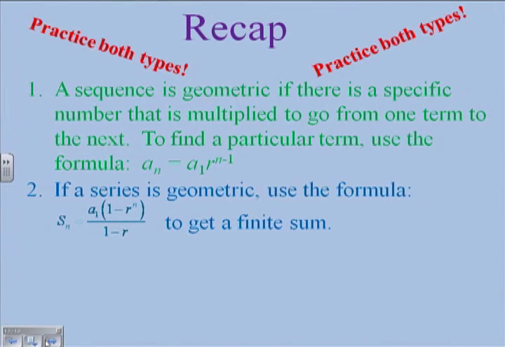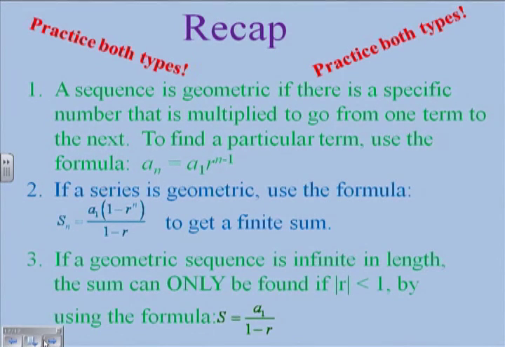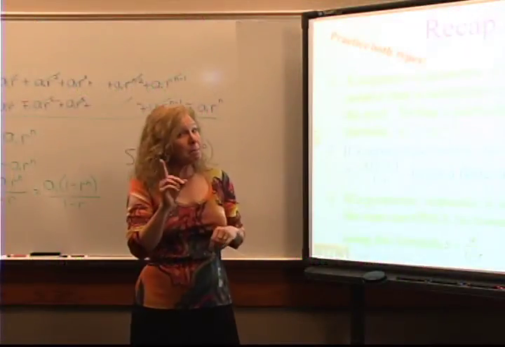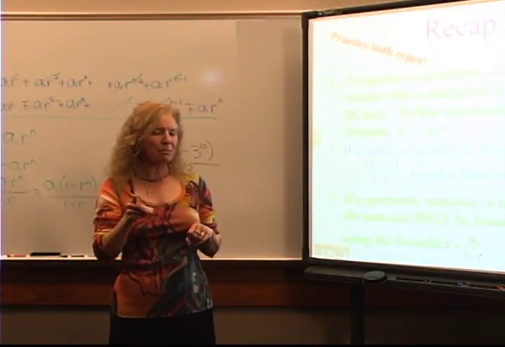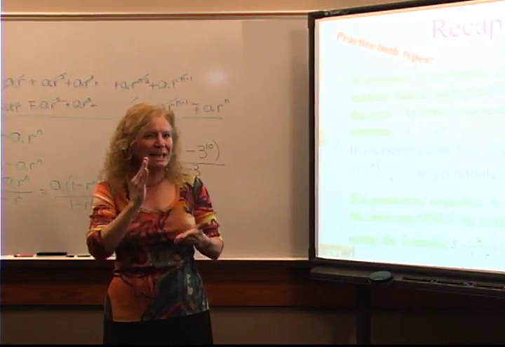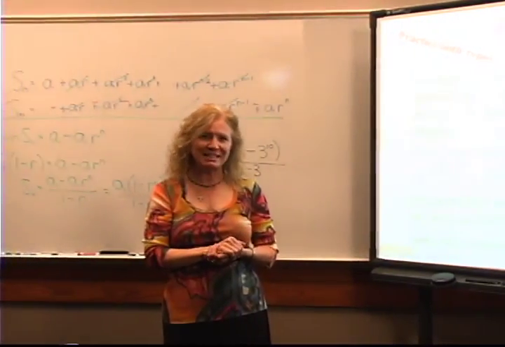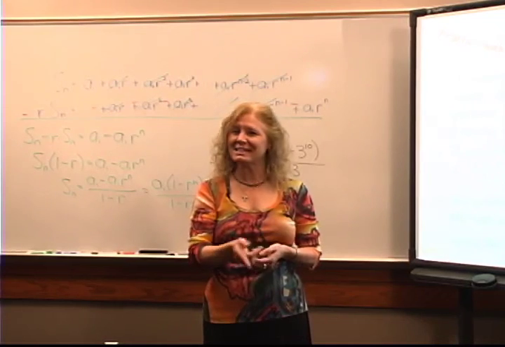For a finite sum, you have a formula. And for the infinite sum, the only infinite sum we can find at this point in your development is with our geometric when the common ratio is less than 1. Practice, practice, practice, and remember to mix up your problems so that you get a really good handle on what's happening with your sequences and series. I'll see you in the next lesson.